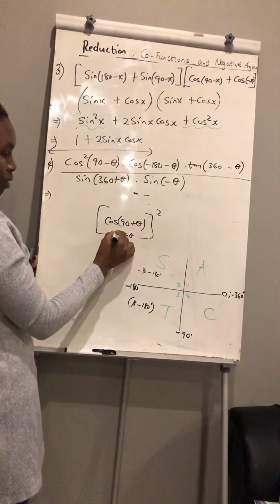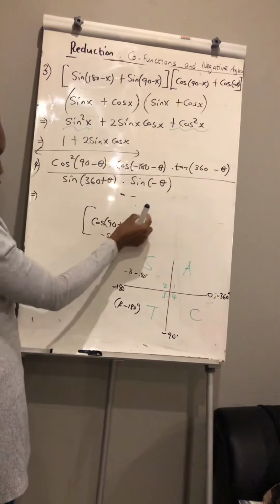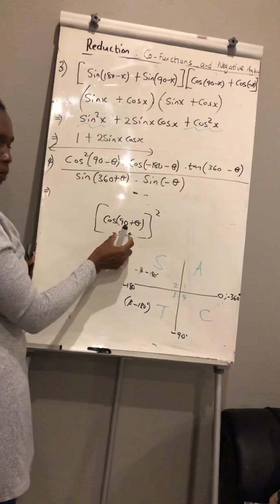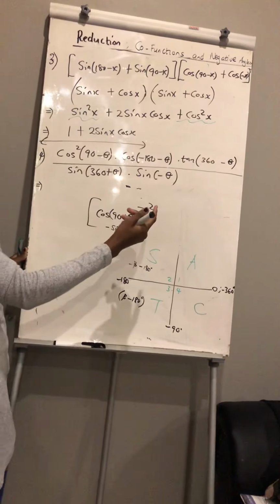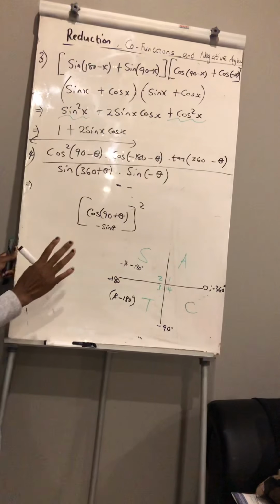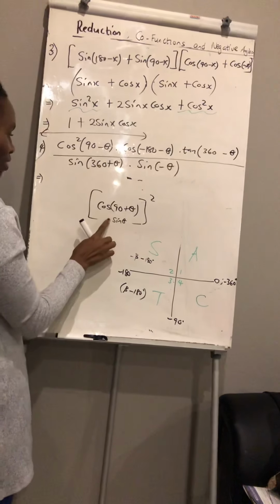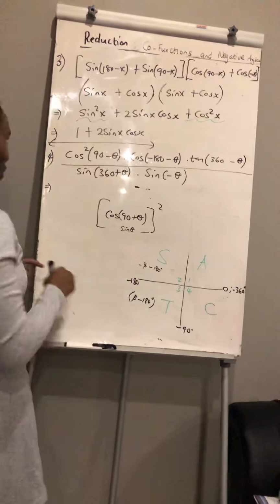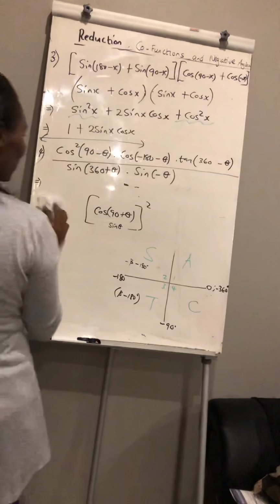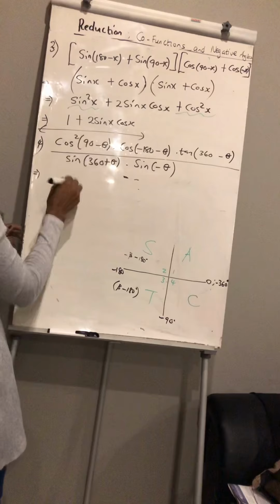It was going to be minus sine theta. But again, when you square it, it was simply going to go back to positive sine squared theta. So these ones, when there's a squared, it's always an easy one to handle, because you know that it doesn't matter which quadrant, it will eventually be positive anyway. So at this point, let's do it and write it as sine squared theta.